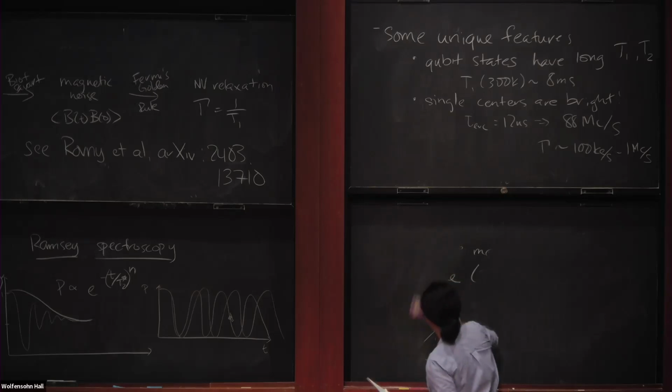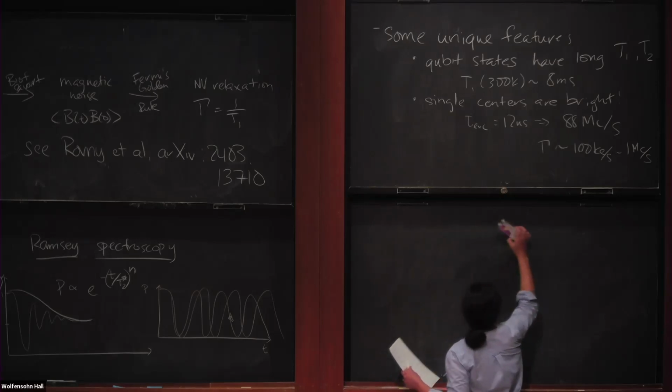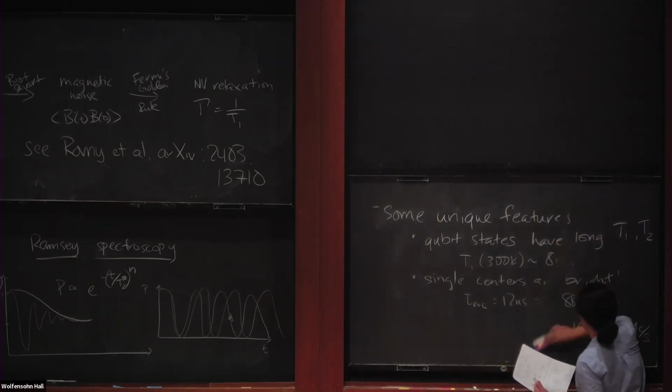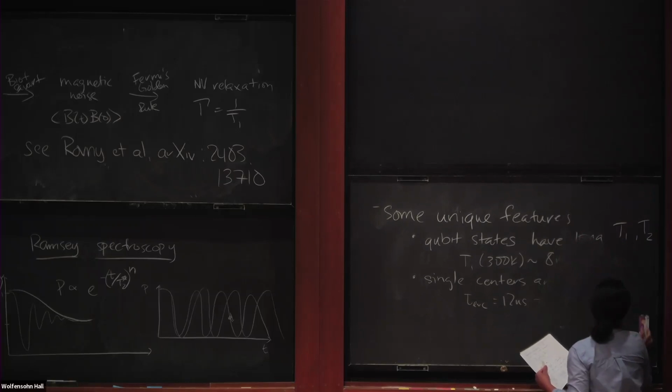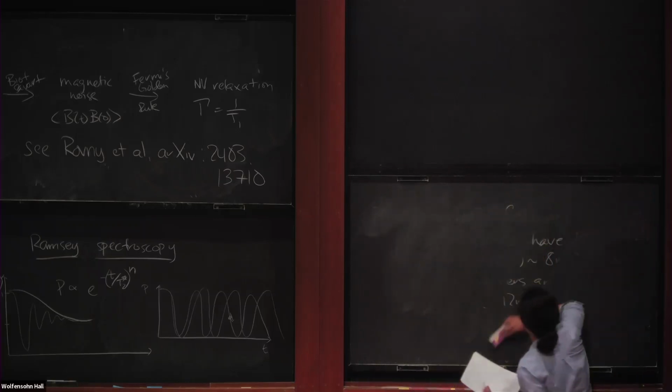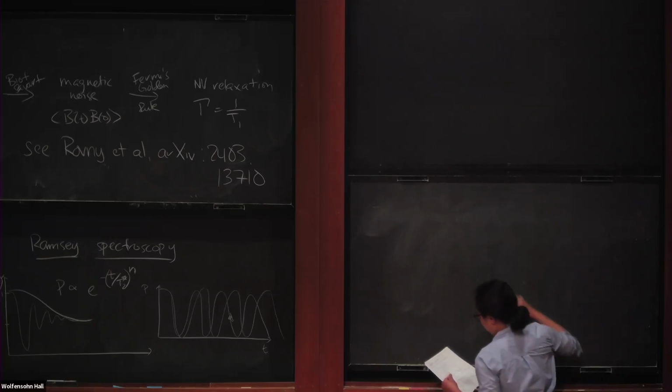But we want to look at lots of stuff. So you can also ask about AC sensing and how to extend that to looking at noise across a broad range of frequencies.